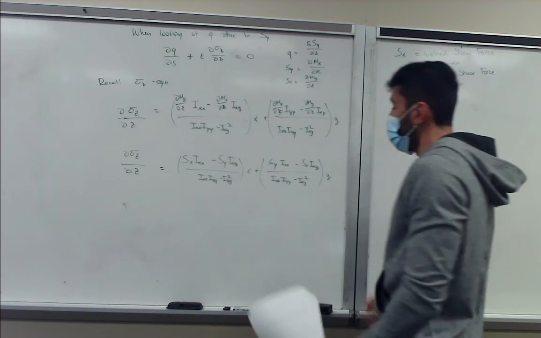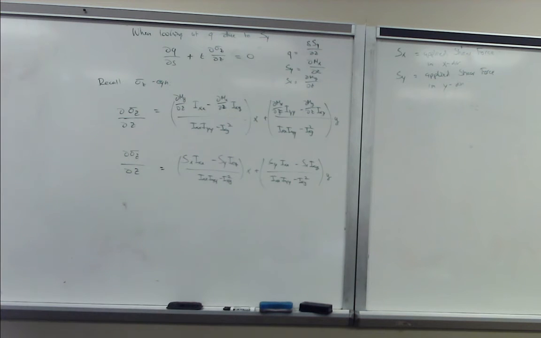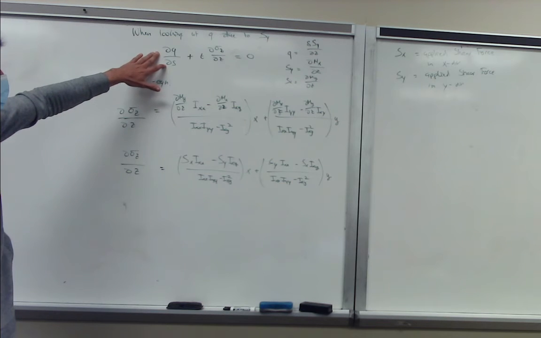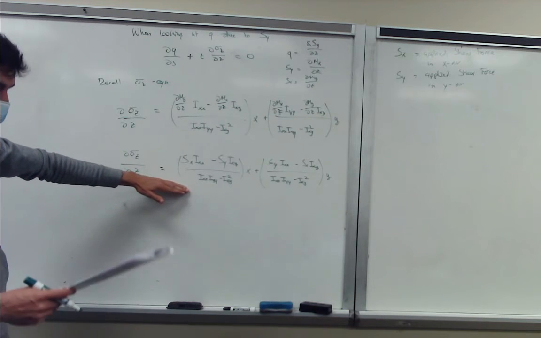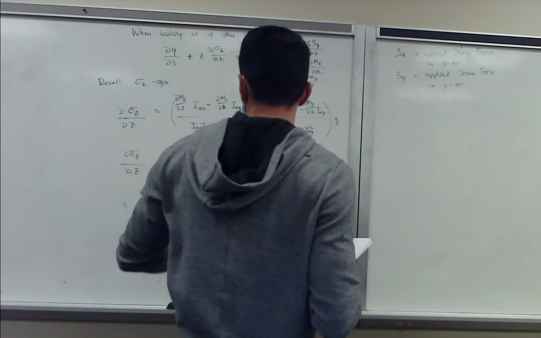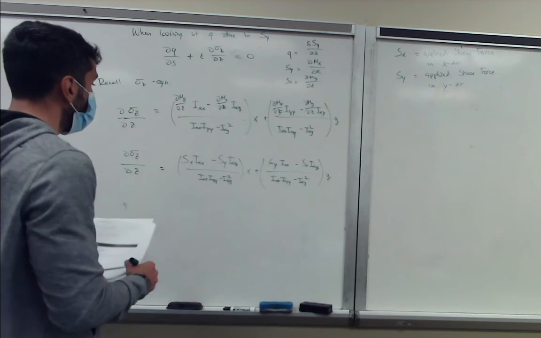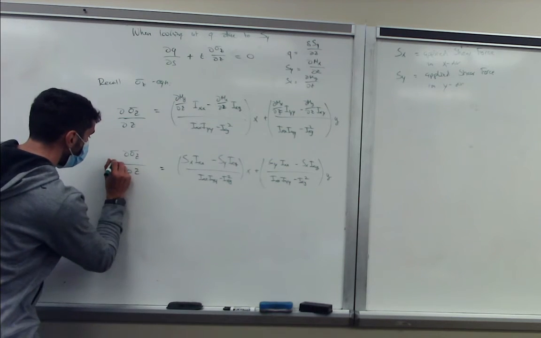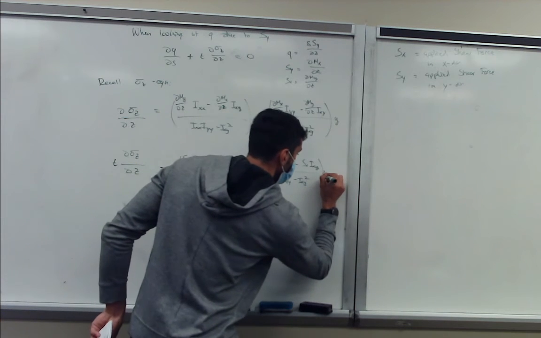So now we can back substitute this equation into here, and now we have a function for the shear flow as a function of our applied shear forces. What we first have to do is multiply by t, because this one is multiplied by t. So we get a t here and a t there.